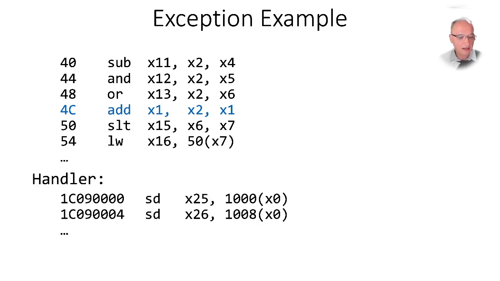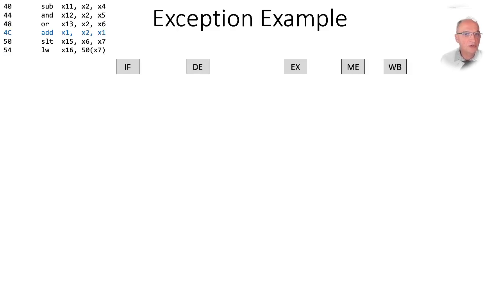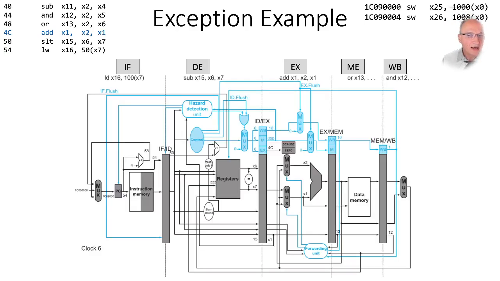And here is my handler. So let's assume that this add, for some reason, has caused an exception. If that add has caused an exception, what is going to happen in the sequence of execution is that I will have to execute the sub and the and the or.